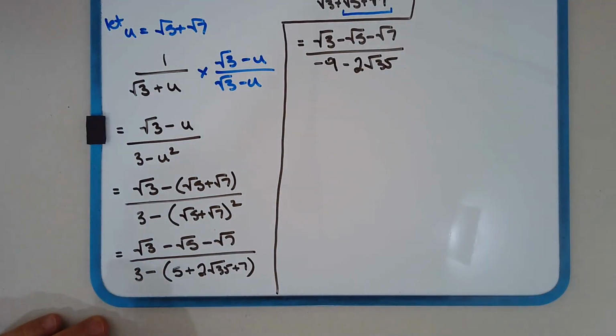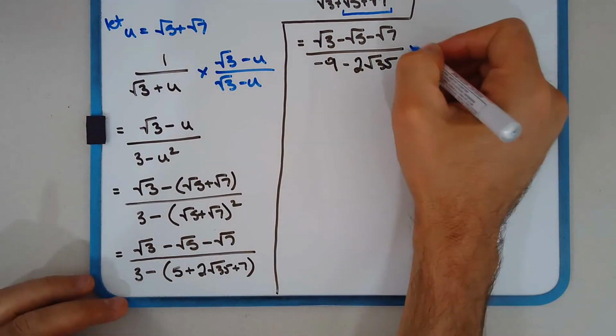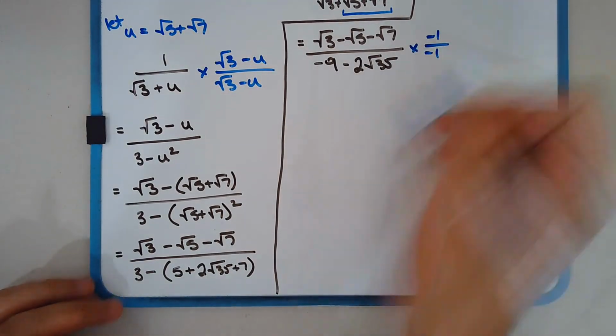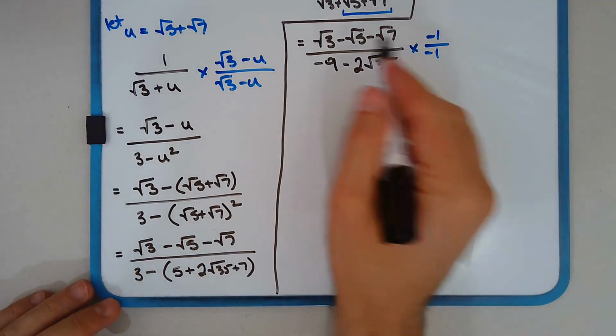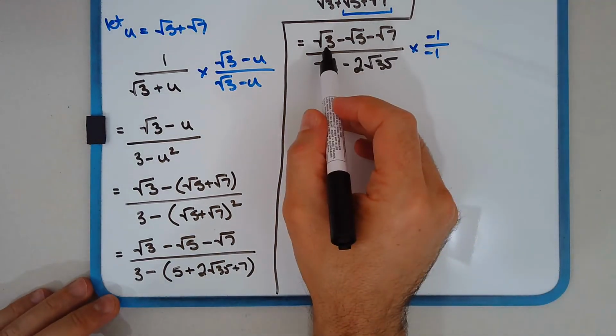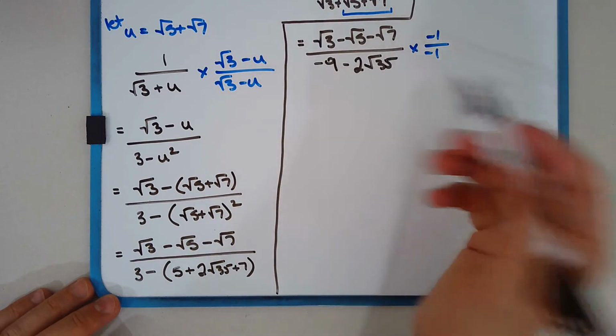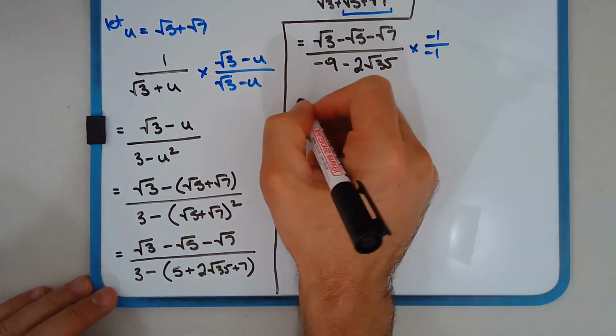I guess what we'll do is multiply top and bottom by negative 1. Again, I like to just keep things clean as we move along. In doing that, that's going to make the root 3 negative and the root 5 and root 7 positive.